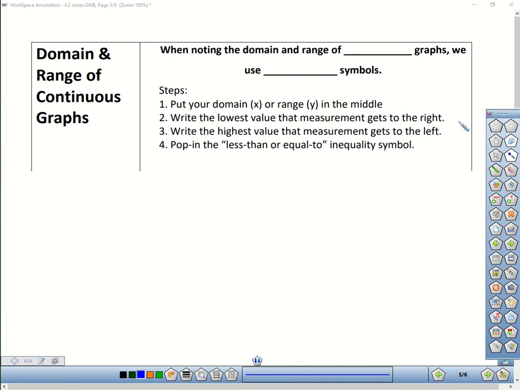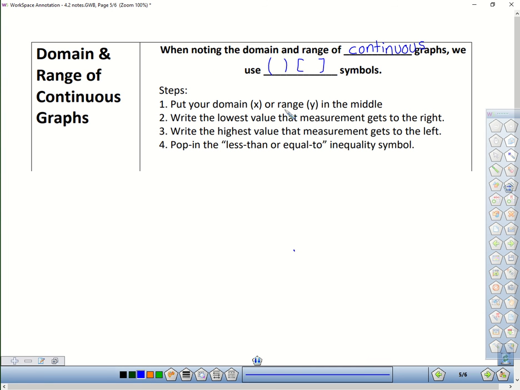Okay. So now we're going to talk about domain and range of continuous graphs. So when notating the domain and range of continuous graphs, we use these symbols. That's what I just talked about in the last slide.